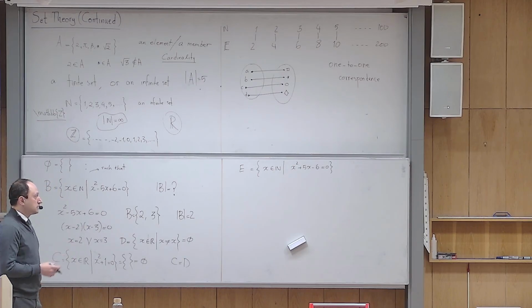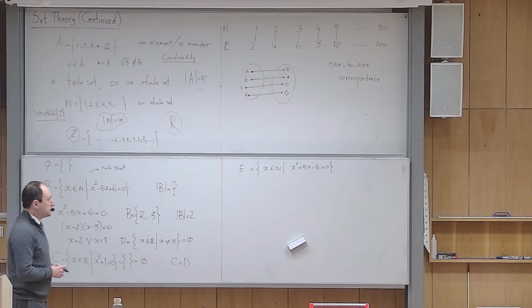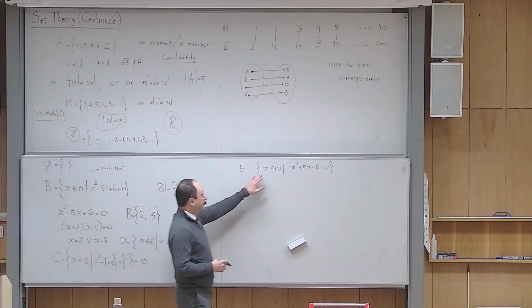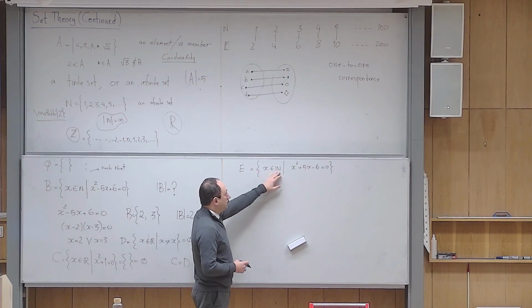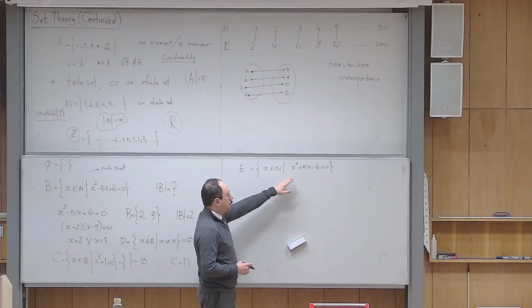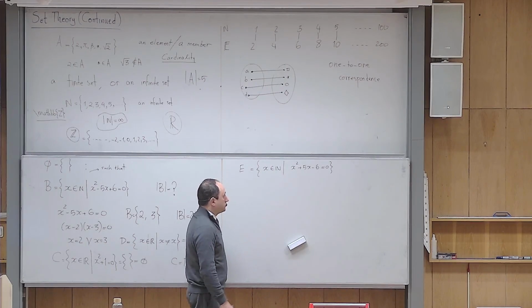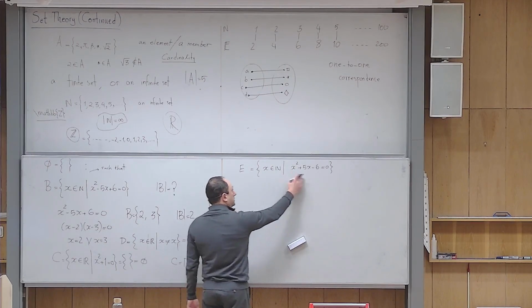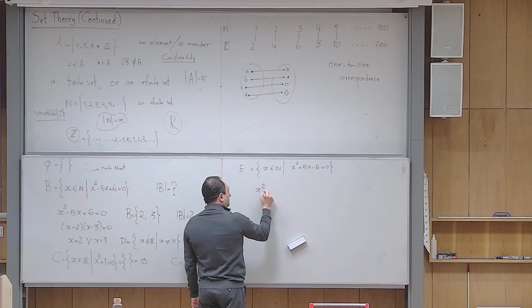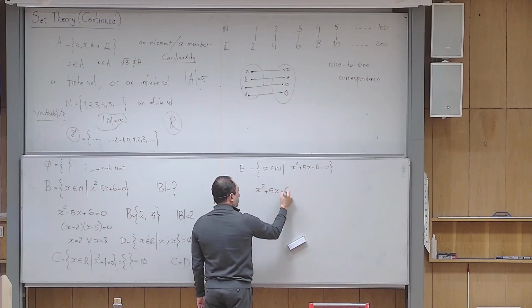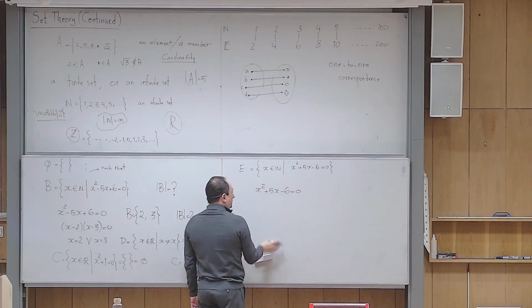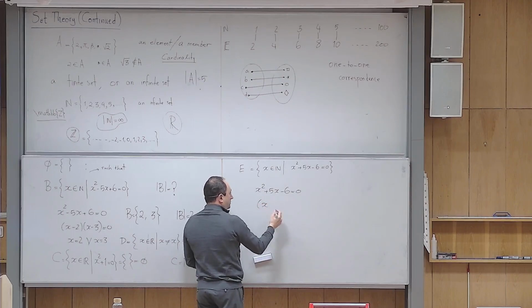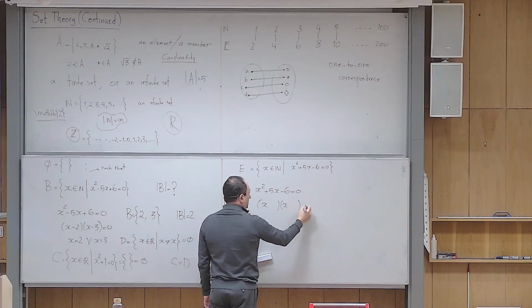Let us write it explicitly. This tells me to go and find x's coming from N so that x squared plus 5x minus 6 is equal to 0. So one good way is to solve that equation. And then of course you know how to solve it. Let us just use factorization, it is easier here.